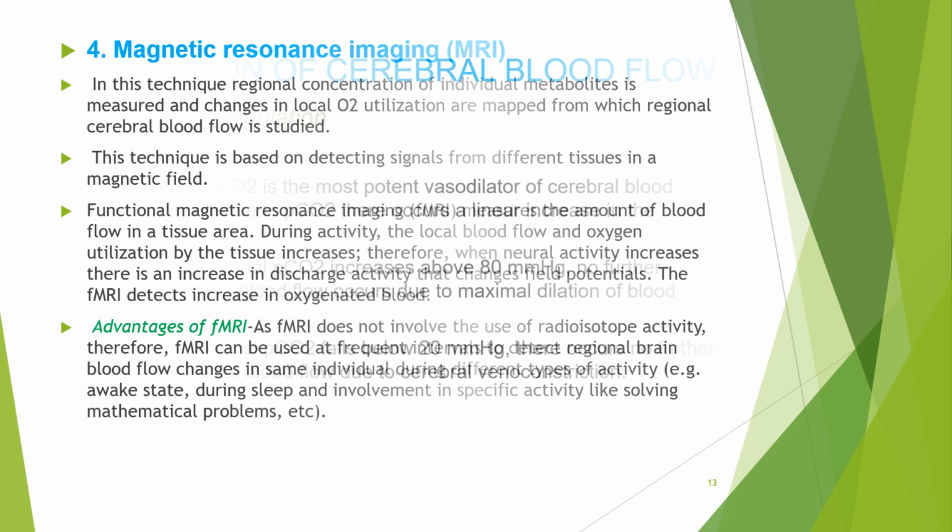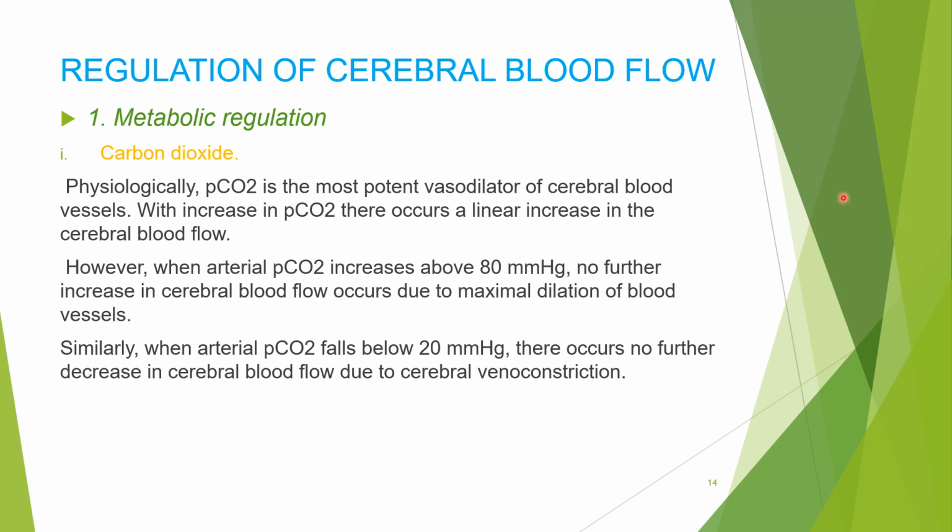Now coming to the regulation of the cerebral blood flow. How is the cerebral blood flow actually regulated? So it is by different mechanisms. What are those mechanisms? By metabolic regulation. Metabolites means what? Carbon dioxide, oxygen and some ions. Okay. So that is about metabolic regulation.